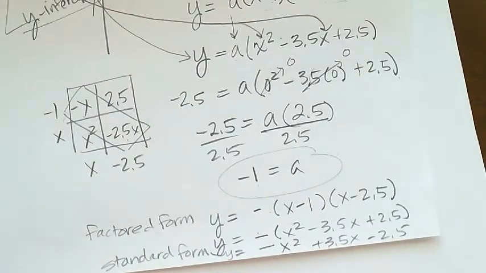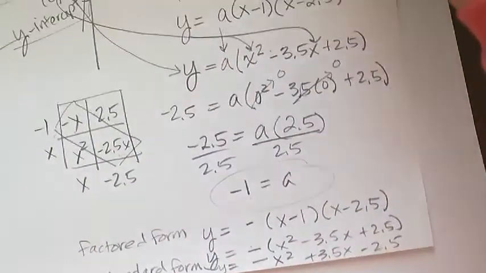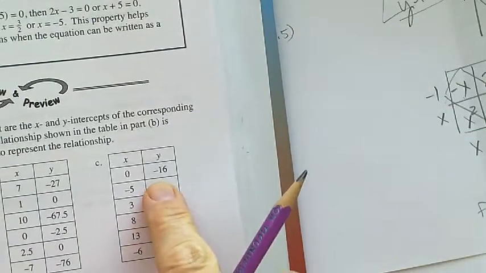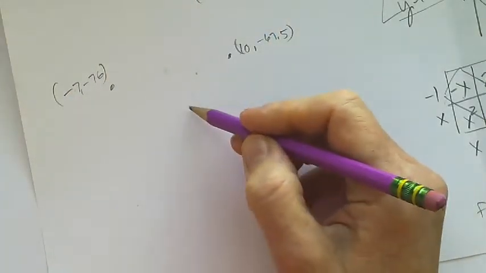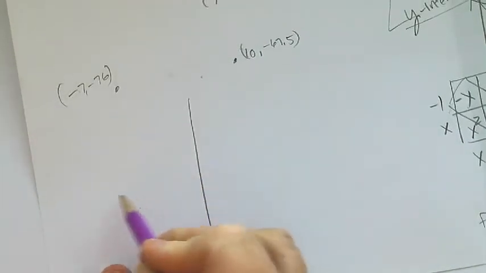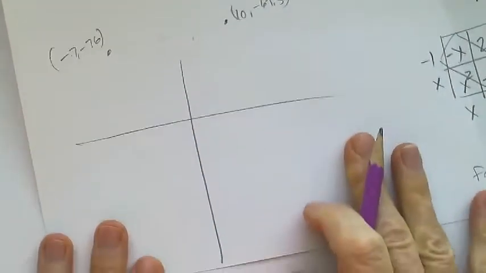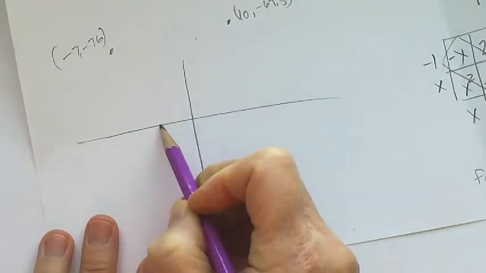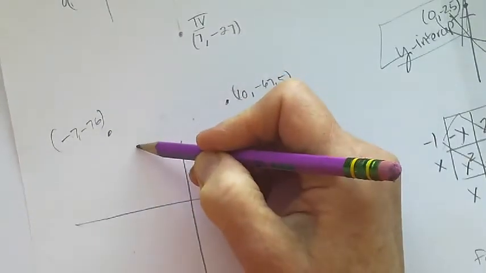Okay. Part C, I'm going to come back over here and sketch what this looks like. I've got the point 0, -16. And this is just a rough sketch. So 0, -16, -5, and 11, so way up here.